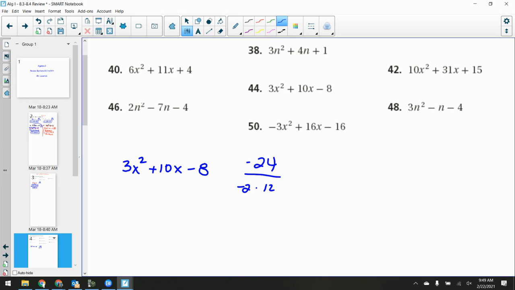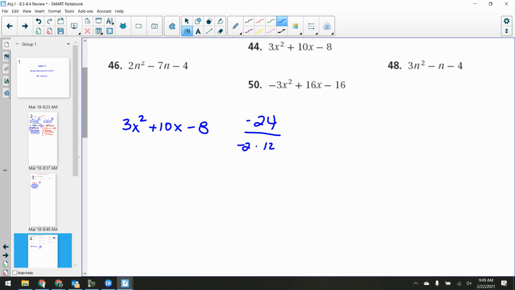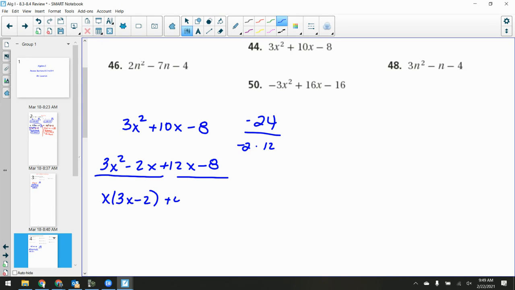Negative 2 times 12 works. Be careful with that. So I set 3x squared minus 2x plus 12x minus 8. Now I factor by grouping here, pull out an x, leaving a 3x minus 2. Pull out a 4, leaving a 3x minus 2. So my solution is 3x minus 2, x plus 4.